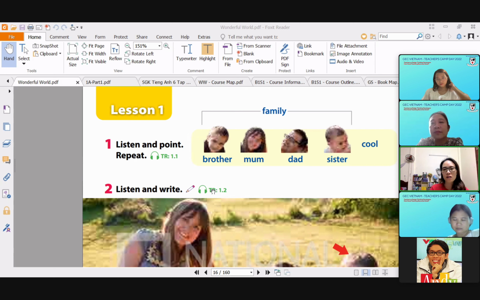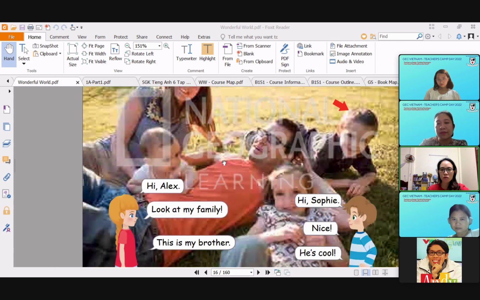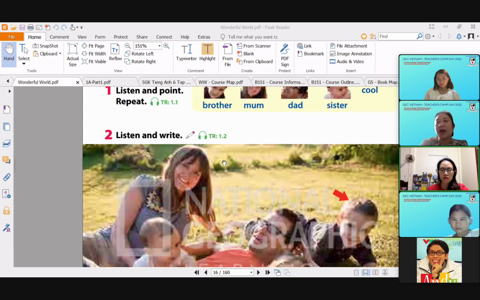Yeah, the course outline doesn't show how we teach it. But in this book, we can see there's an audio file, pictures, and vocabulary. So we have more details about how to teach the topics.